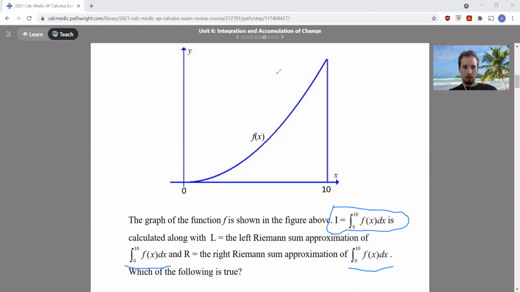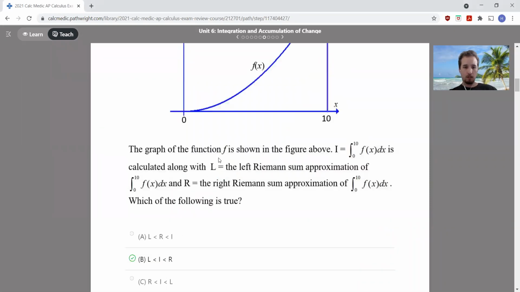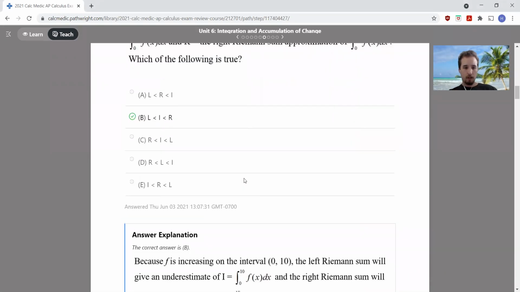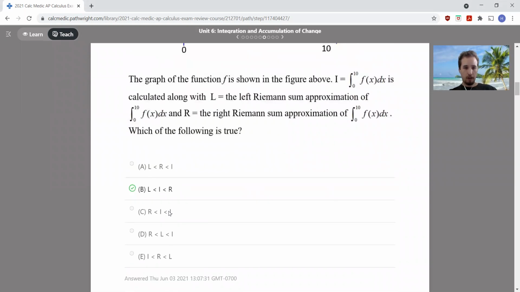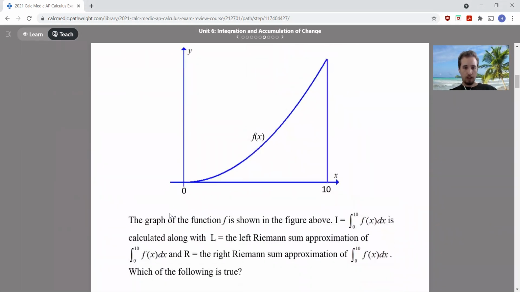Okay, and so if you take a look at the answers here, it's actually asking which is greater than which. And so we can do this. So we know that I right here is the exact value. So we're going to get the exact area with I.